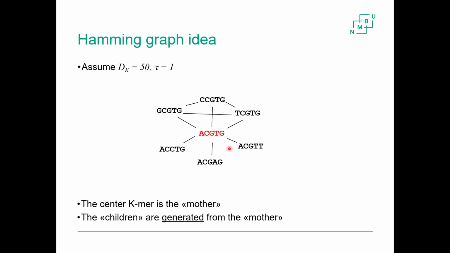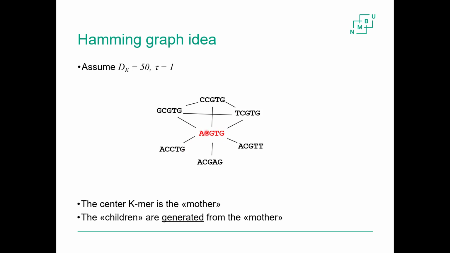The consensus sequence for this connected component here is the k-mer that has the most votes. If you go position by position and vote among the k-mers which symbol should be there. Of course, in the first position there should be an A, because this one gives 50 votes to A, and also this and this and this vote for A. So there will be 53 votes for A and only 1 for G, 1 for C, and 1 for T. So the majority says A in the first position, right?